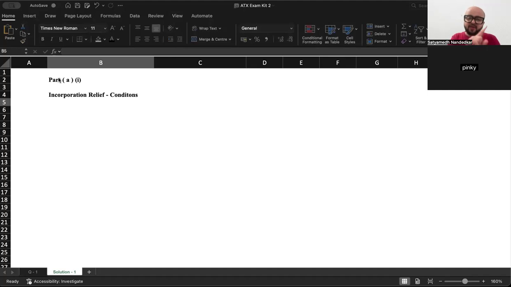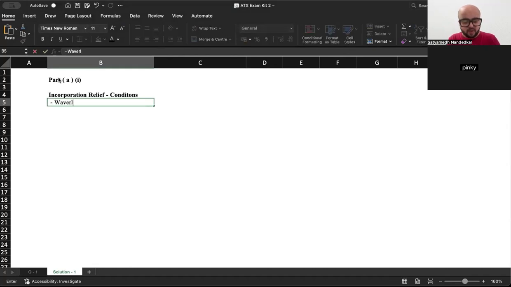Okay. Waverley's unincorporated business must be transferred to Roller Limited as a going concern. This is the first condition.